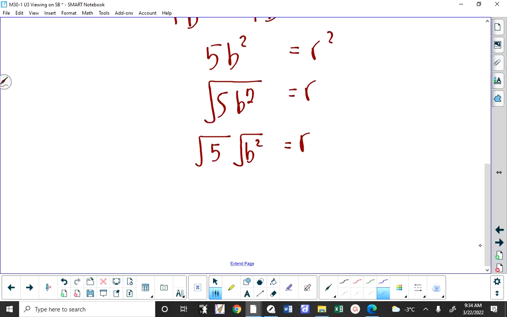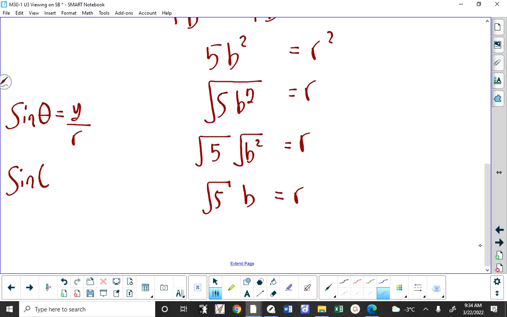So the nice thing about this is b squared as a square root just becomes b, and you're left with root 5 multiplied by b is equal to r. So where were we? We were at sine of theta. I'll just rewrite it. It's easier for me to rewrite it than to scroll up again.